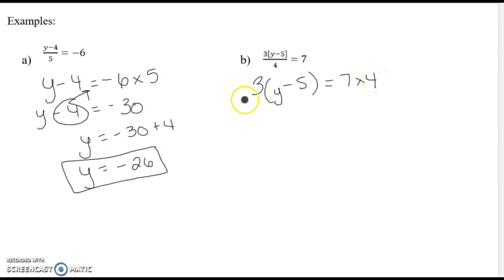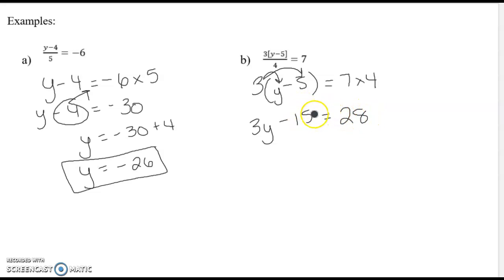So next step, we can expand. So 3 times y gives us 3y. 3 times negative 5 gives us negative 15. Then our equal signs lined up. 7 times 4 is 28.